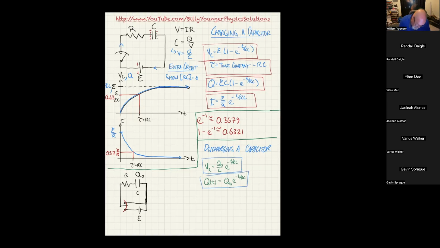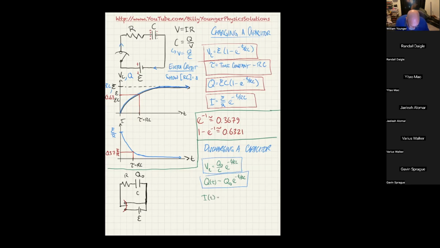And then finally, the current I is going to take off as soon as you flip the switch to the open part of the wire, in other words, the wire without the battery. It's going to see a voltage lower than the positive side of the capacitor, so it's going to start running current around it. That should decay over time.